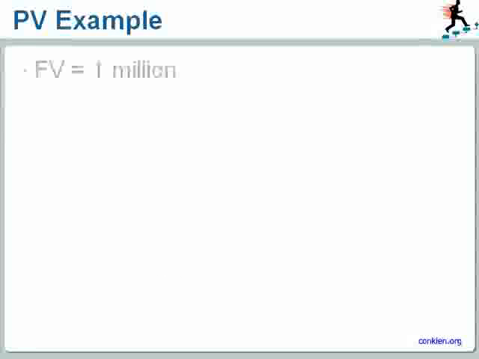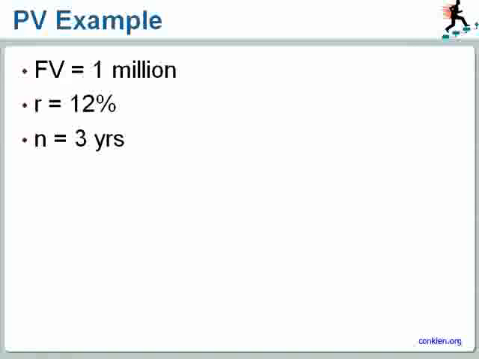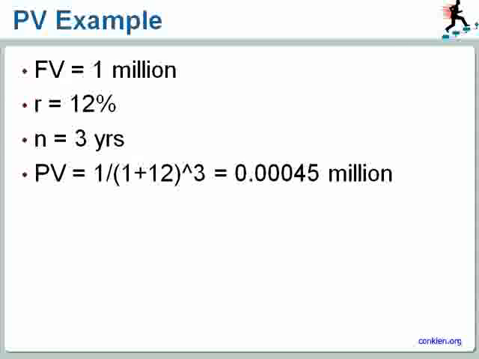Here you go. We have a future value of 1 million. The interest rate is 12%. The n, which is the time that it would be invested, is 3 years. So our present value is 1 million divided by 1 plus the 12% interest to the power of the 3 years.